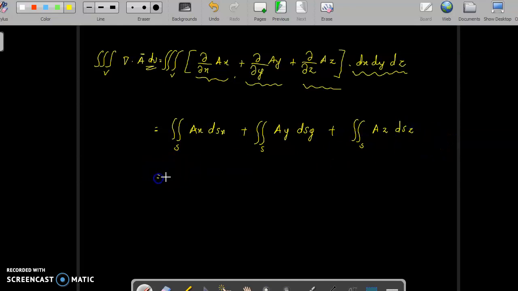Again we can simplify it, because Ax, Ay and Az are the components of a vector, so this is the surface integral of the vector A and the ds vector.